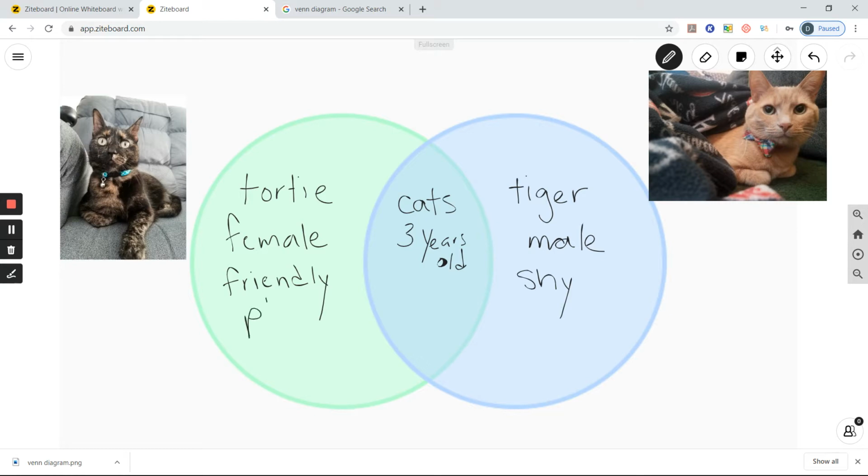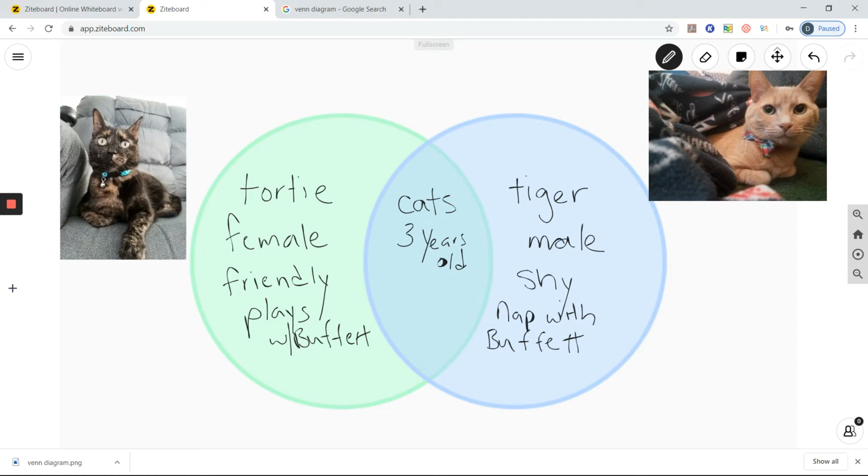Daisy plays with Buffett, but Diesel likes to nap with Buffett. When I'm thinking about how Daisy and Diesel are alike and different, I'm comparing and contrasting. This type of graphic organizer that you see here is called a Venn diagram.